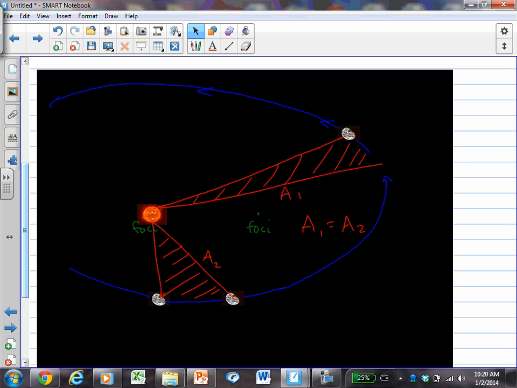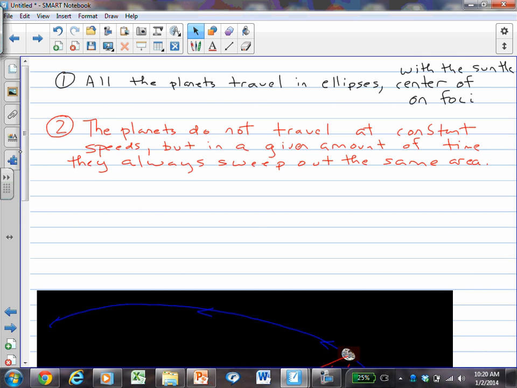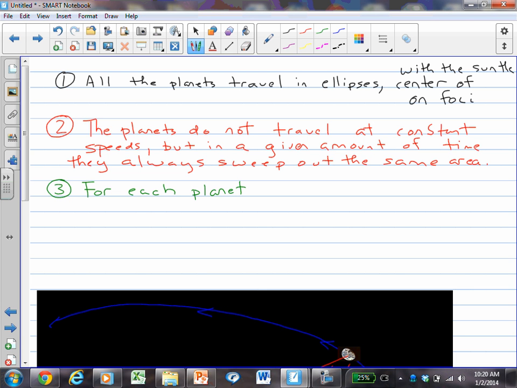The third part, which is going to be most critical for us, is that for each planet out there in our solar system, the average radius of the path around the sun cubed over the period, the time it takes to go around the sun.